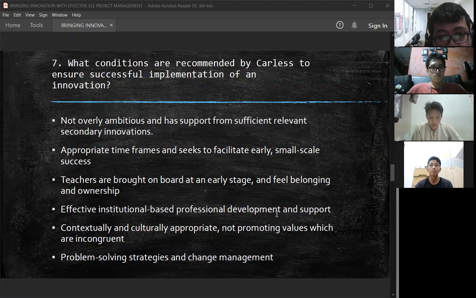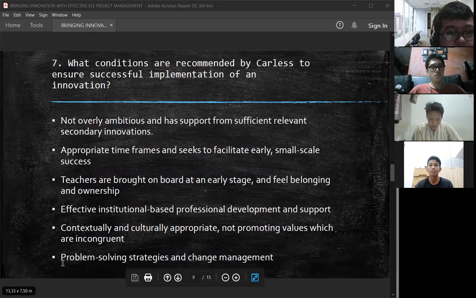The fifth is that the innovation is contextually and culturally appropriate and does not promote values which are incongruent with those of implementers. The sixth is that problem-solving strategies are built into the project and there are change management strategies to tackle challenges arising.